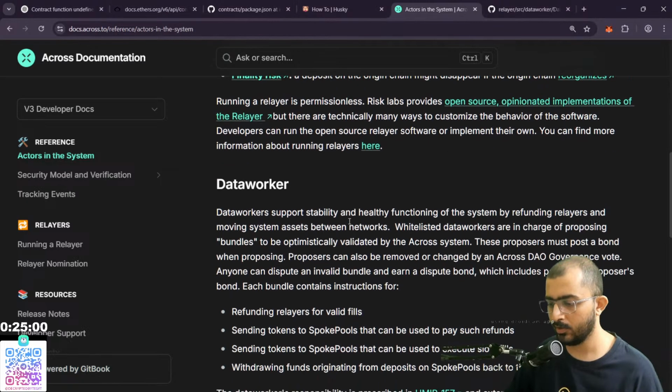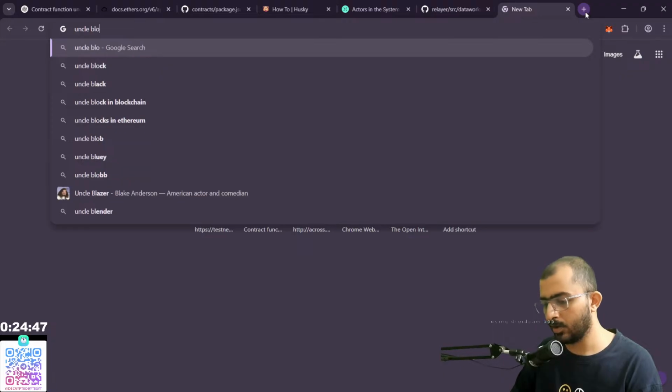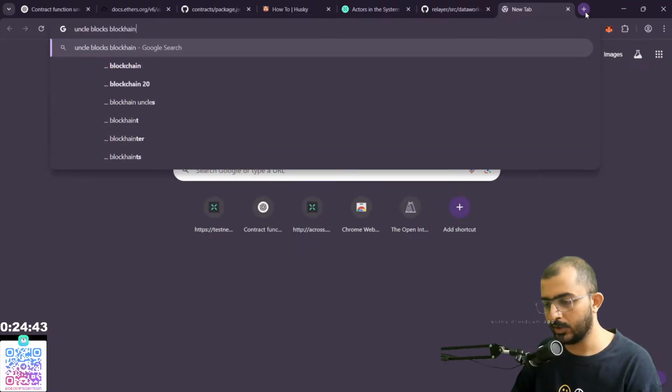What else? Yeah, I guess there can be an implementation where you look for uncle blocks. What was the name? Uncle blocks, blockchain.